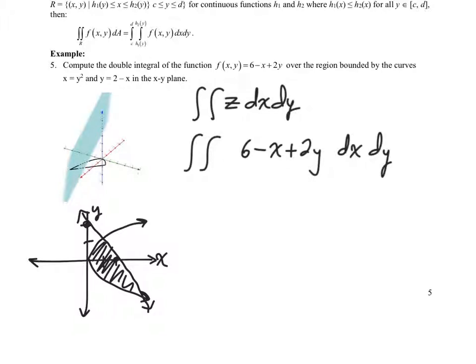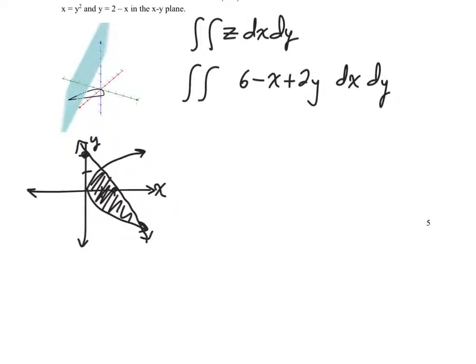So the benefit of looking at this is that you get a truer sense of what your bounds are going to be. Because I need to be able to work from left to right, bottom to top, depending on whether I want the dx to come first or the dy to come first. If I want the dy to come first, then I want to go bottom to top, then left to right.